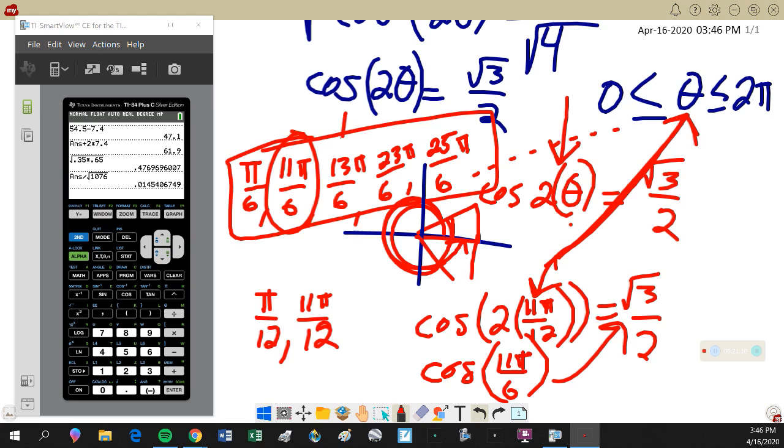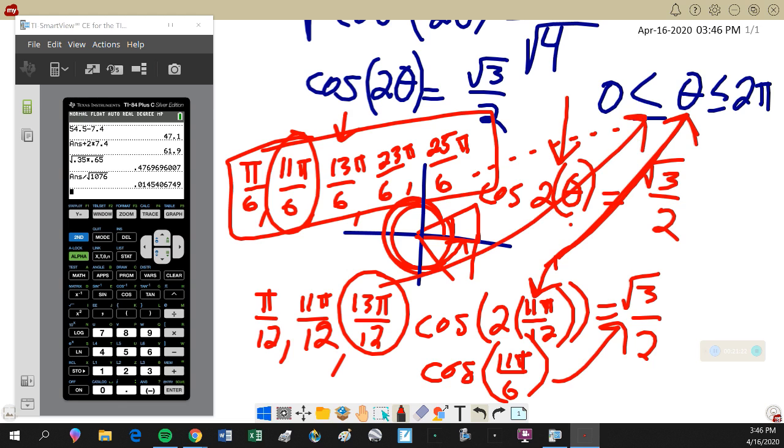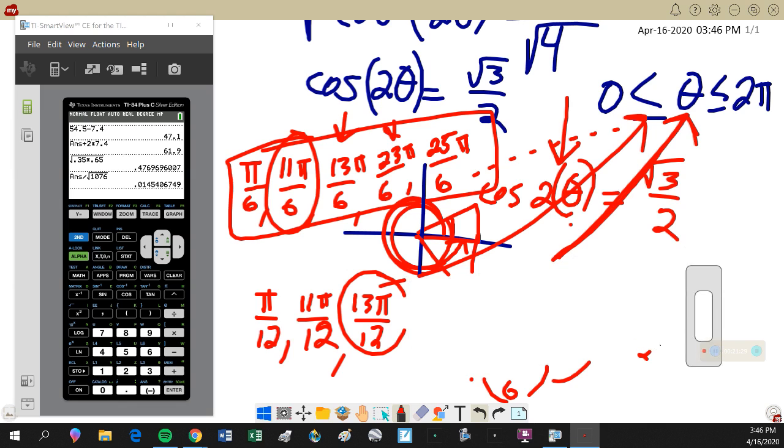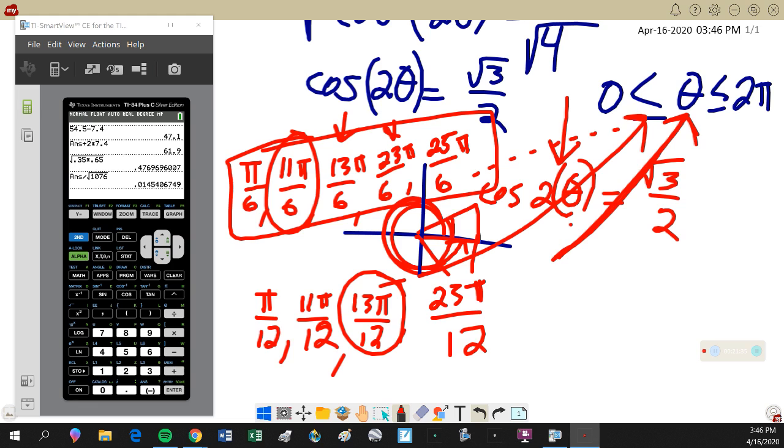Let's try the next one. 13 pi over 6 divided by 2 is 13 pi over 12. Is this in the window? Yes. When I double it, I get 13 pi over 6, which, taking the cosine, yields root 3 over 2. Okay, try the next one. 23 pi over 12. Is that in the window?